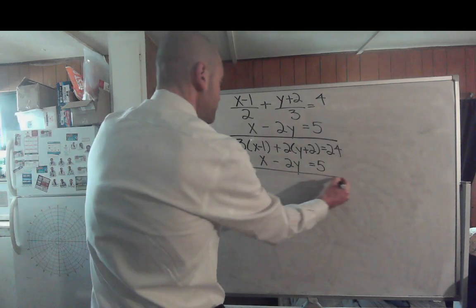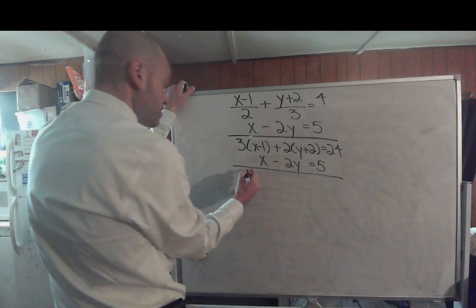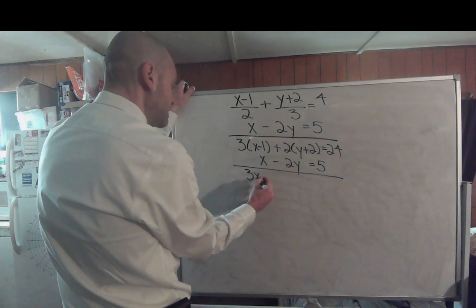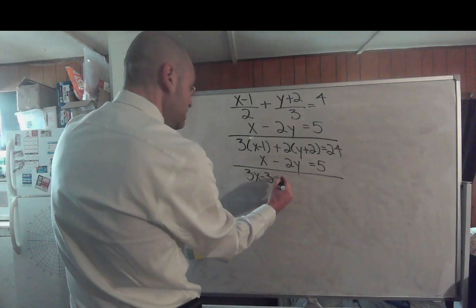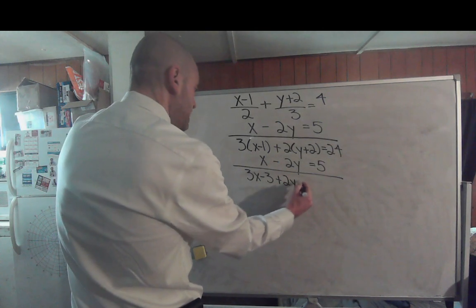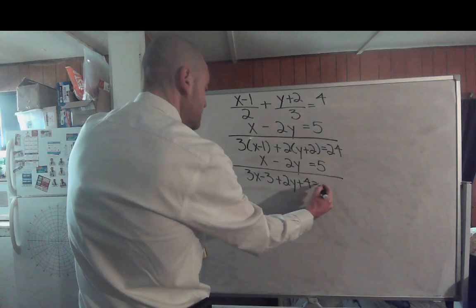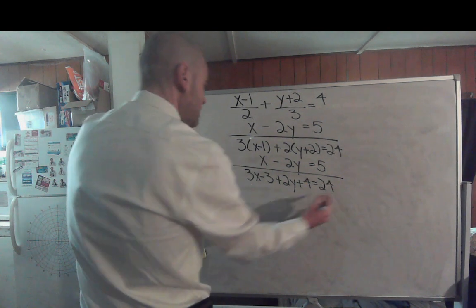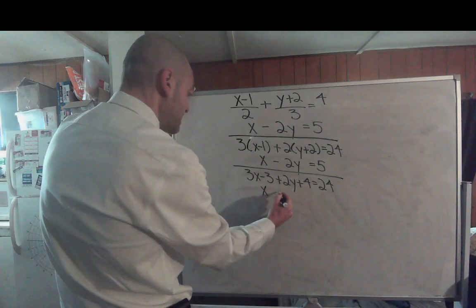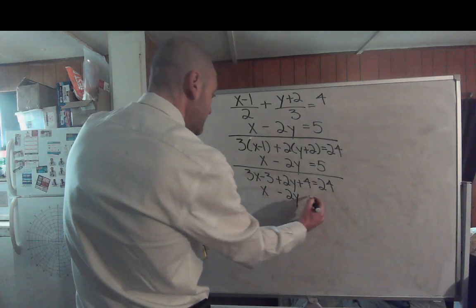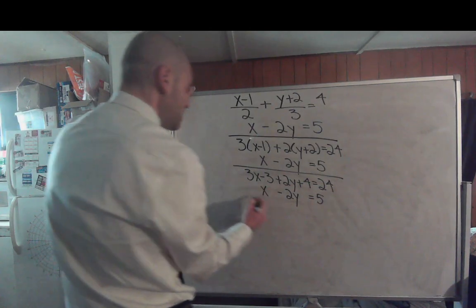So let's simplify the first equation a bit. You would end up with 3x minus 3 plus 2y plus 4 equals 24. And then you would just have x minus 2y equals 5.